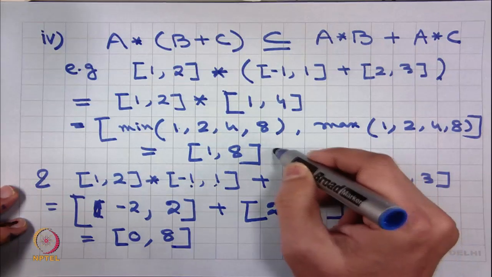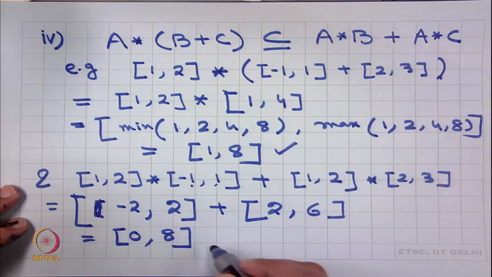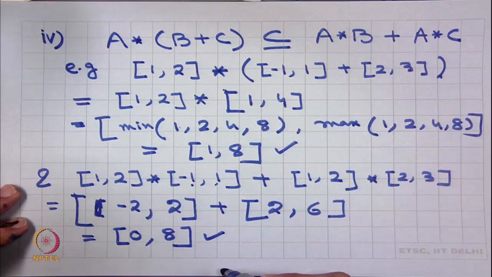So, on this side we got [1, 8], on this side we got [-2, 8].